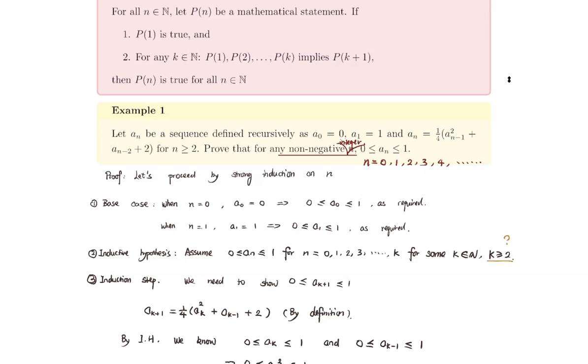But in this case, you need to check n equals 0 for sure. Why do you need to check n equals 1? The reason is because of this definition. This definition is telling us this equation works only for n greater than or equal to 2. So using this definition, you cannot get A0 or A1. Does that make sense?